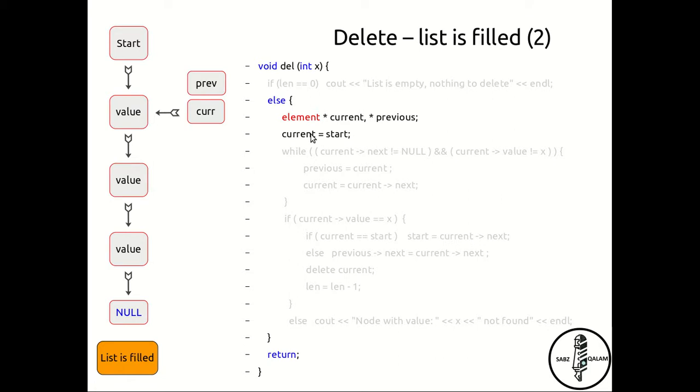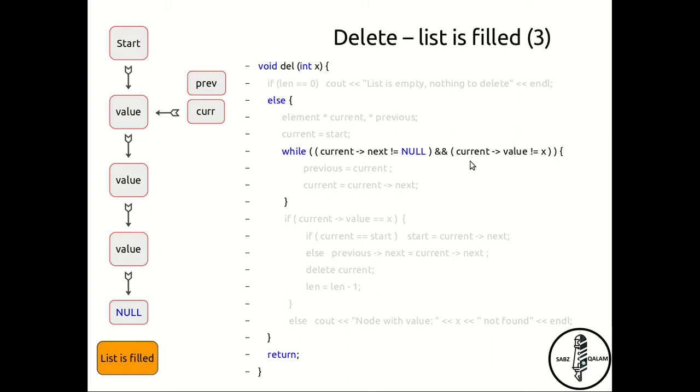Initially current and previous will both be initialized to the first location of the linked list. Okay, so the all important loop here is this while loop. What this loop says is continue up until the next element is not null. So you continue as long as there are newer elements, and you actually stop when you reach the last element, in which case current next will be equal to null.